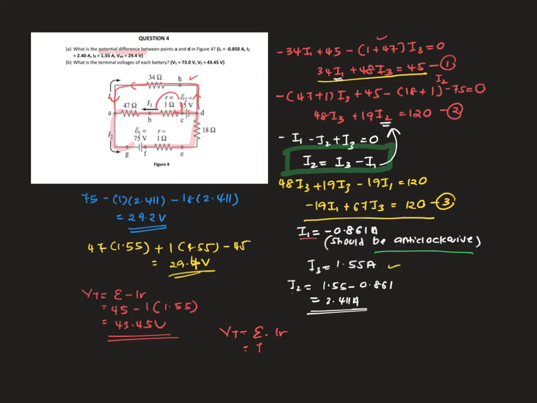EMF is 75, minus the internal resistance, which is 1, and my current I2 is 2.411. Therefore I get 72.6 volt. Hopefully you understand how to find the potential difference and terminal voltage. Let's move on to the next question.